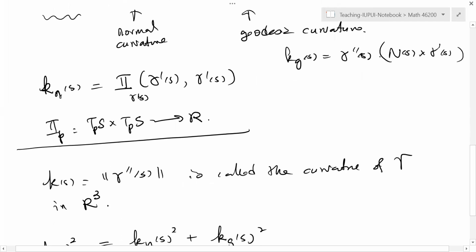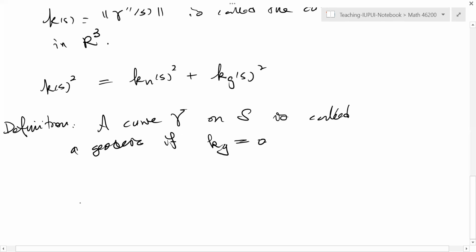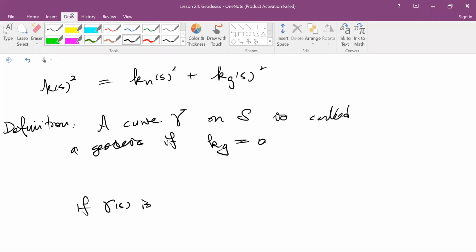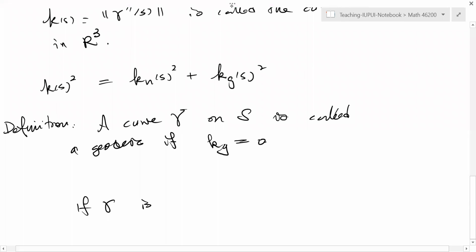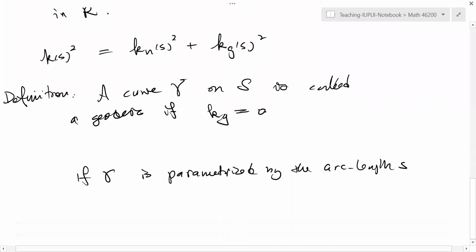So the geodesic curvature, if gamma is parameterized by the arc length s, then the curvature is going to be gamma double prime dot n.